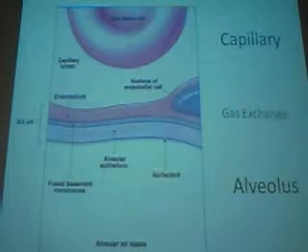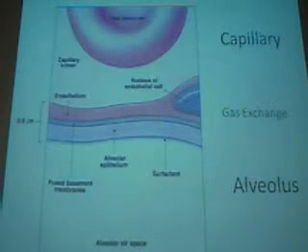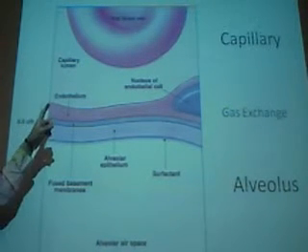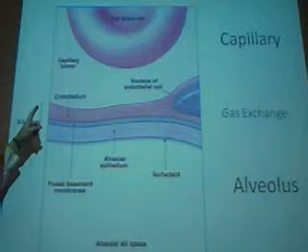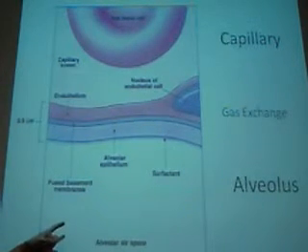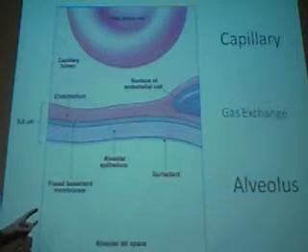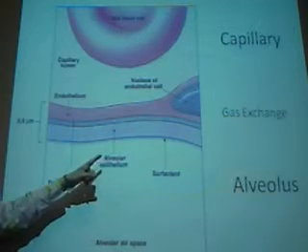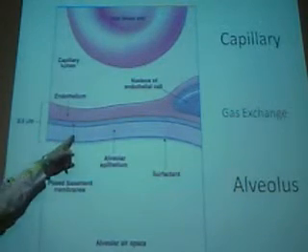I like this picture because it's real simple and you can see how easy it is for gases to diffuse. This time the picture's flip-flop. Up top now is your bloodstream. There's your capillary in the lungs. This time the alveolar airspace is down here. I want to show you this one because you can see here's the lining of surfactant inside the alveolar air sac. This is alveolar epithelium.